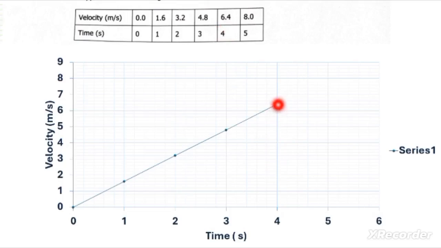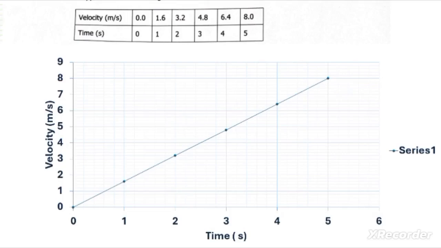The next coordinate is 5, 8.0. 5, 8.0 is here. As we can see, we have successfully managed to come up with a graph. So we are done with the first question.